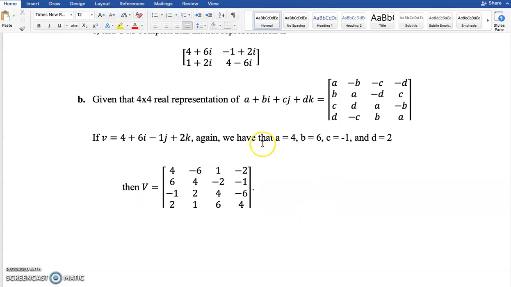So the 4 by 4 real representation of quaternion V is this one right here.